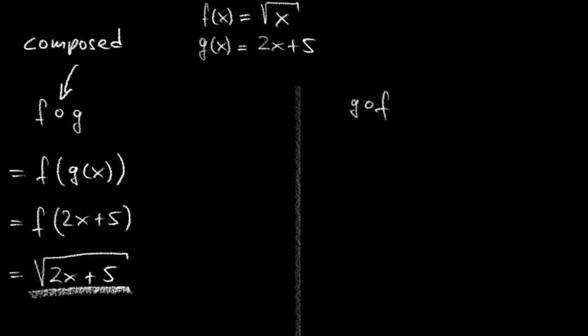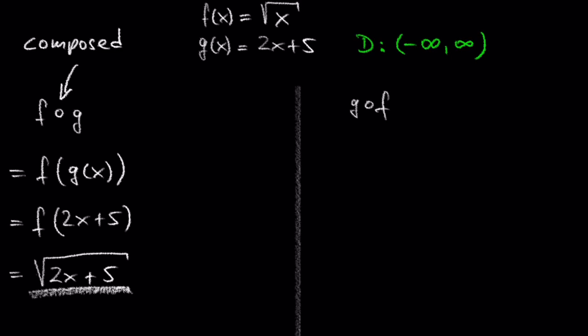We know that 2x plus 5 is defined for all real numbers. But what about the square root of 2x plus 5? We want real number solutions, so we mustn't take the square root of a negative number.